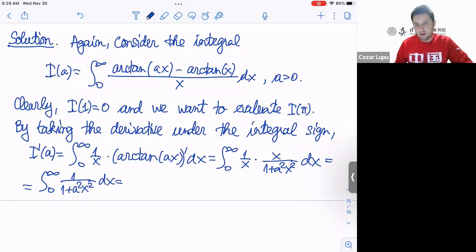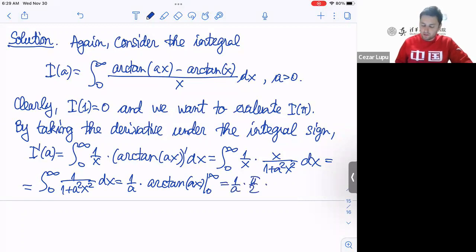And of course, this is a very well-known integral: it is 1 over a times the arctangent of ax from 0 to infinity. And this is 1 over a times pi over 2. All right, great. Wow, it's much simpler than we thought.